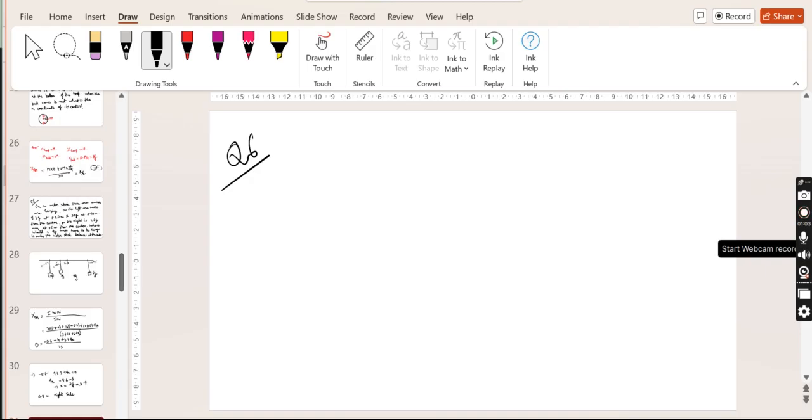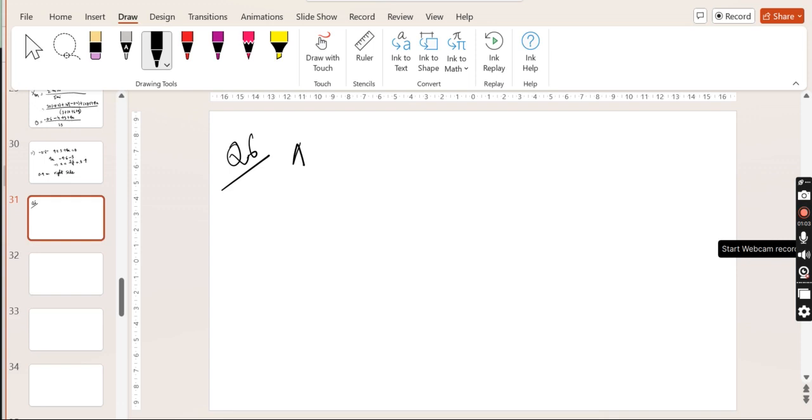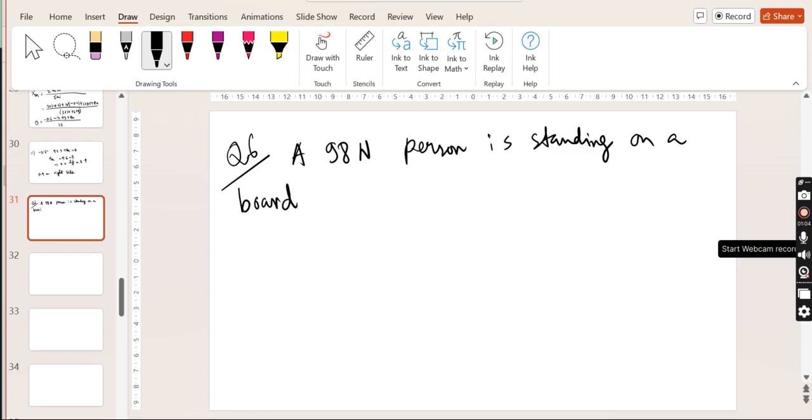Question number 6 is: a 98 Newton person is standing on a board, 1 meter from the end of the board.